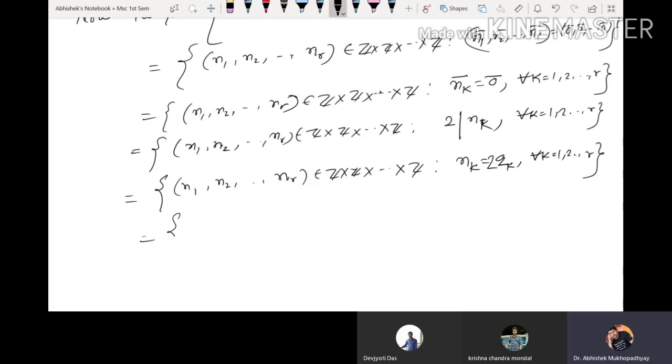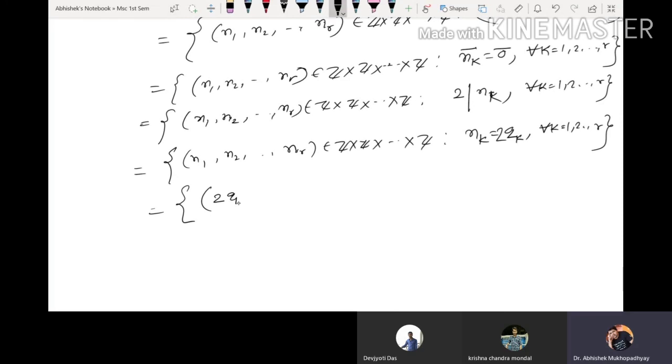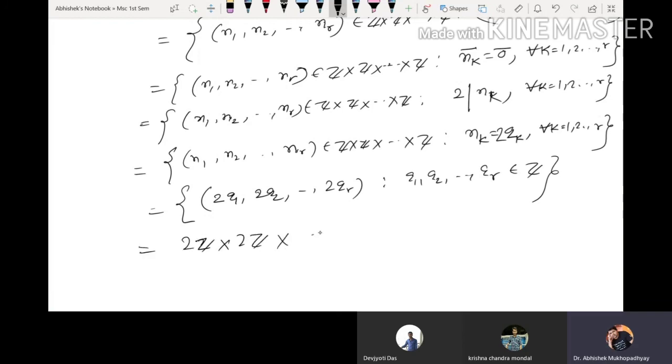So these are all elements of the form (2q1, 2q2, ..., 2qr) such that q1, q2, ..., qr belong to Z. That is, it is 2Z cross 2Z cross ... 2Z.